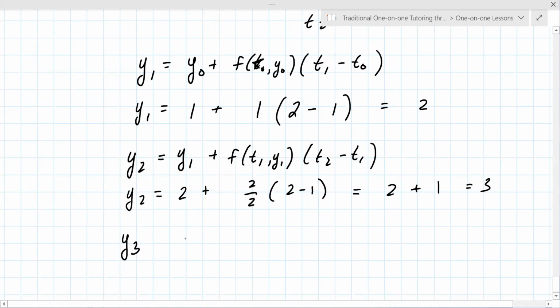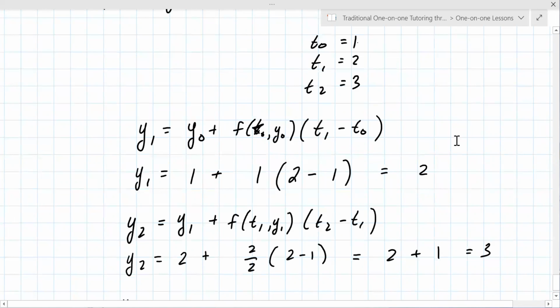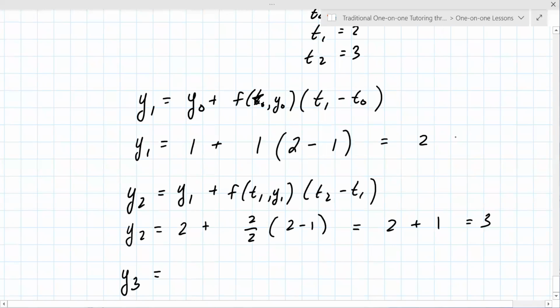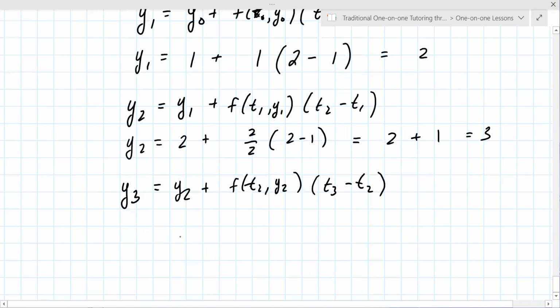y3 equals, we're trying to approximate f of 3. y3 is y2 plus f of t2 comma y2 times t3 minus t2. So it's your y2, which is 3, plus you have to take the t value you're at, which is now 3, which is the same as that.